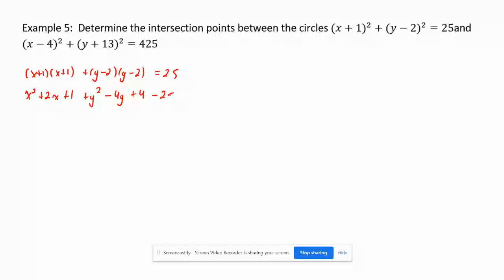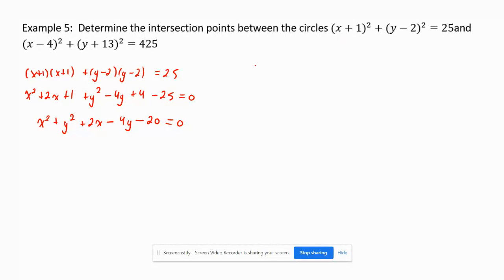And I'm just going to bring the 25 over here as well. So we're going to get x² + y² + 2x − 4y, 1 + 4 is 5, minus 25 is −20, equals 0. This is going to be the first equation.